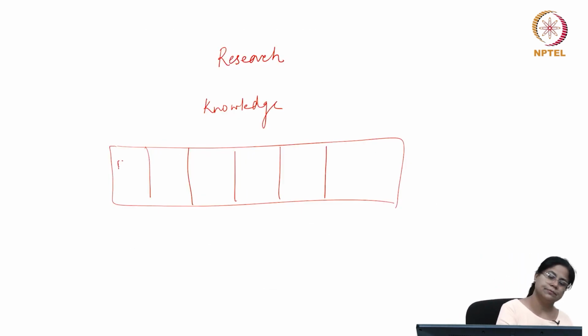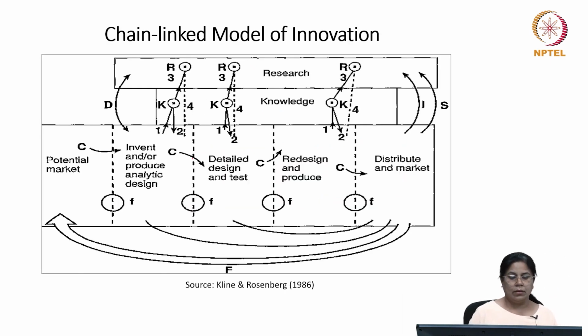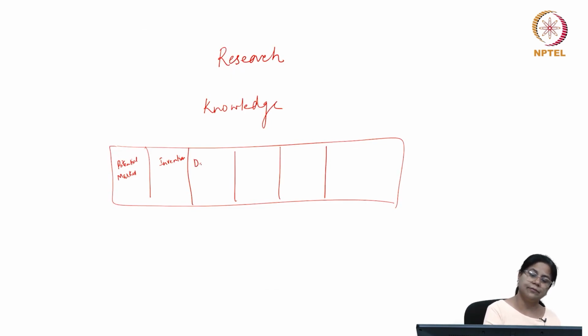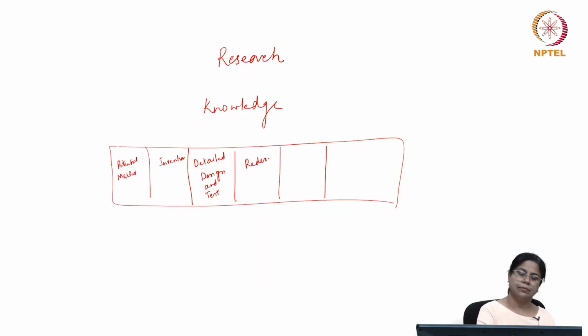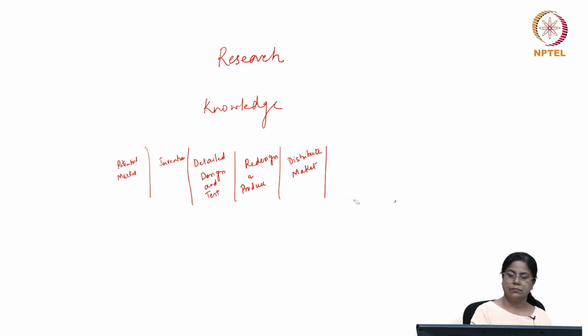Starting with the potential market, then the invention that happens, then a detailed design and test, then redesign and produce, and distribute. So you have these 5 sections below it.